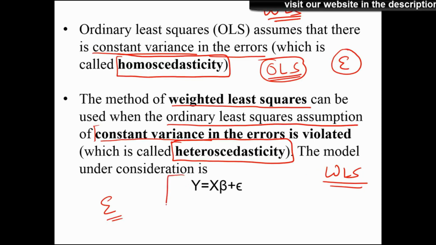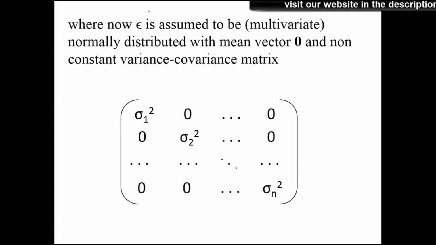The model that we're considering is a simple linear regression model where y is the dependent variable, x is the independent variable, epsilon is the error term, and beta is the set of parameters. Now let's get into a little bit deeper mathematics.